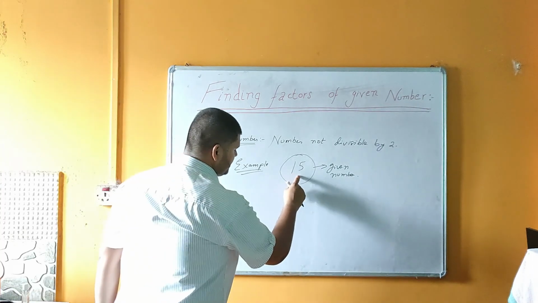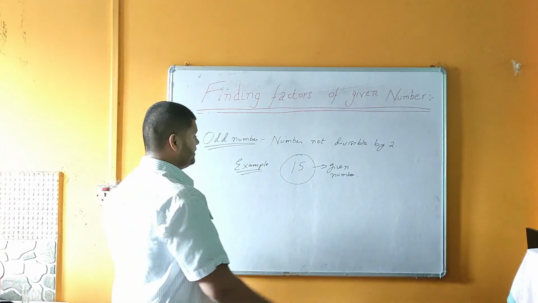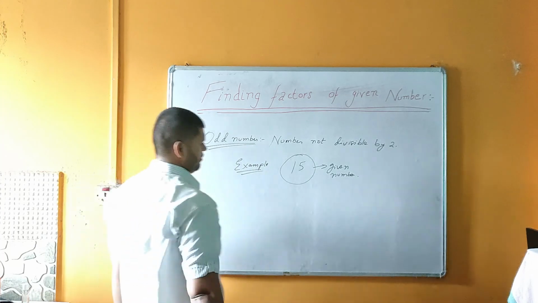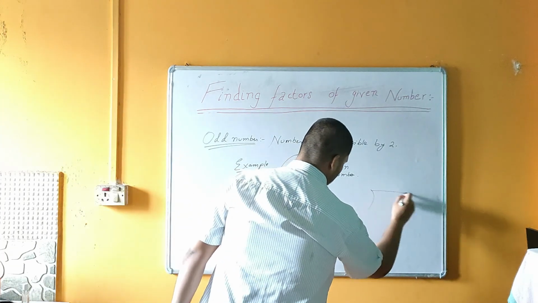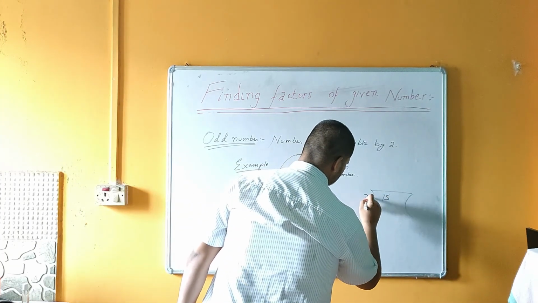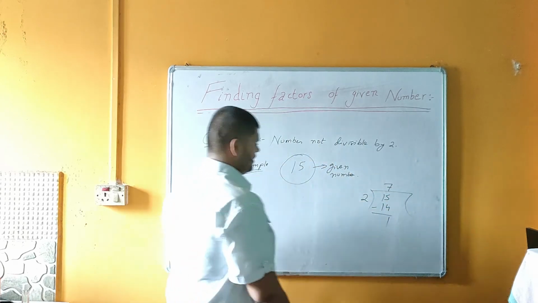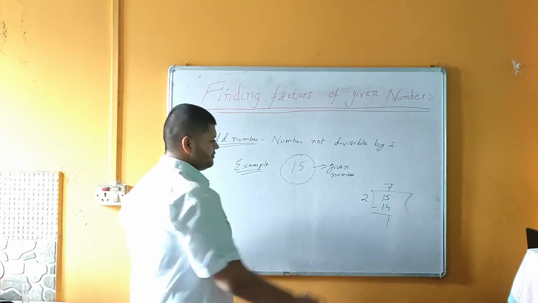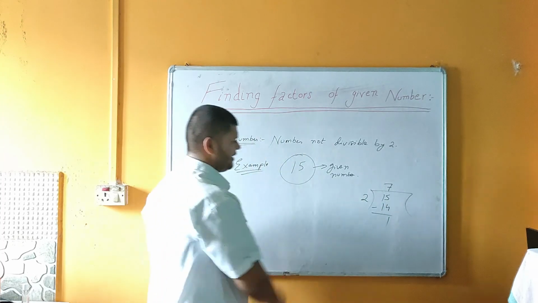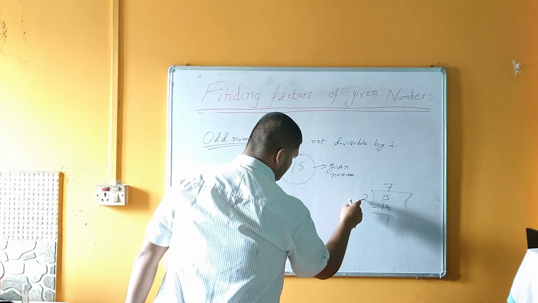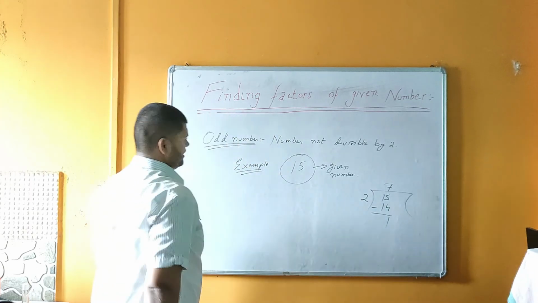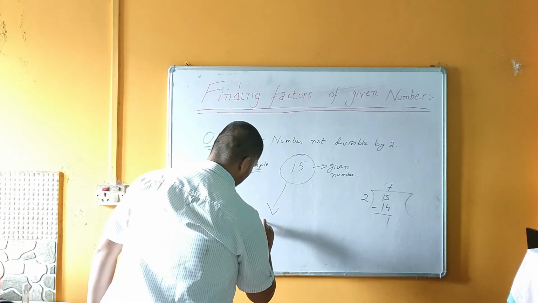If this 15 is not divisible by 2, then we can say it is an odd number. So let's divide over here. 2 7s are 14. Yes, we are getting remainder 1. That means this 15 is not divisible by 2. So we can conclude this 15 is an odd number.